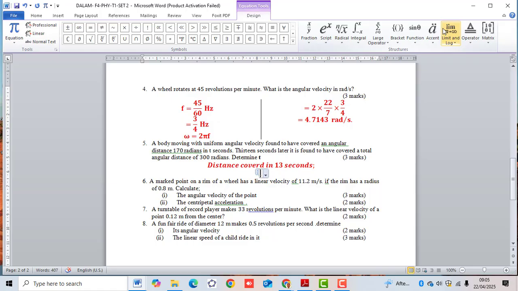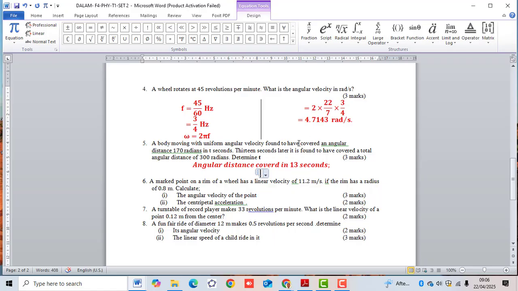Now my question is, what is the angular distance covered in 13 seconds? Serena? 130. How did you get 130? I did 300 minus 170. Brilliant. Very good.